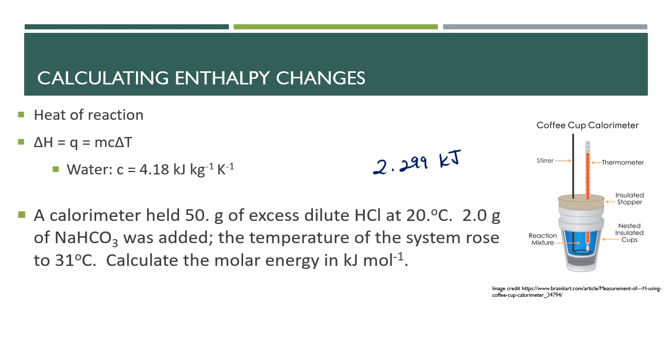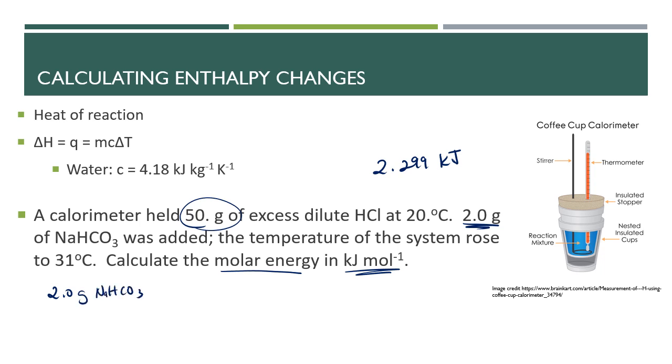Now I want to find out what is the molar energy or enthalpy in kilojoules per mole. So here's where things get crazier, right? Because in the last problem I used the mass of the solution because that's what temperature was changing. But now I'm going to use the moles of baking soda that I threw into the calorimeter to find molar enthalpy. So we're going to take those 2 grams of sodium hydrogen carbonate, baking soda.